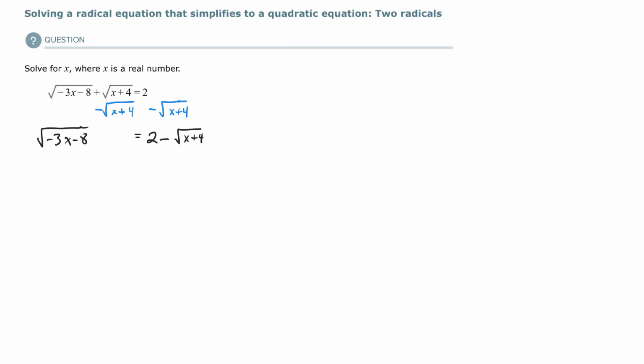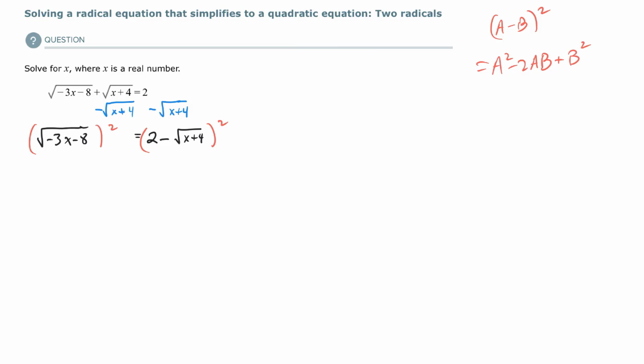Now we're going to square the entire sides. Square this side, and then we're going to square this side. Now remember, a minus b quantity squared has a formula. It's a squared minus a times b, and then double it, and then plus b squared.